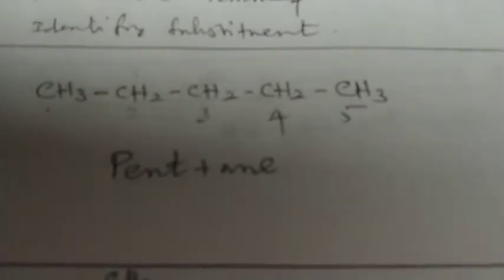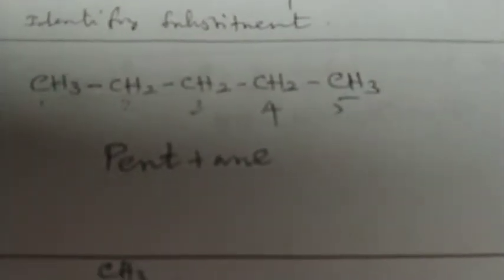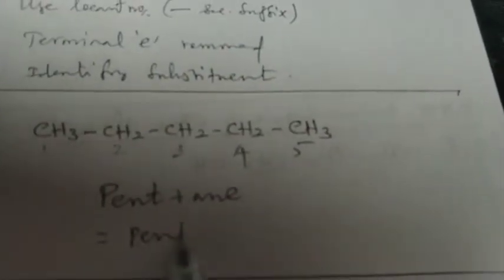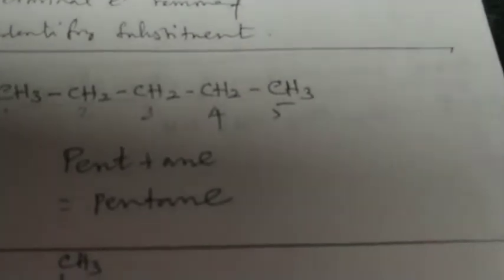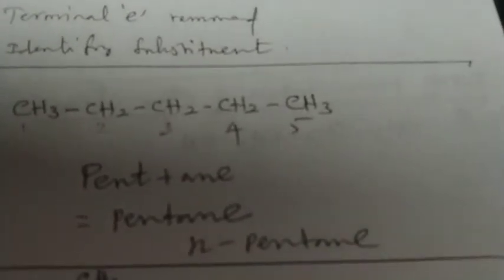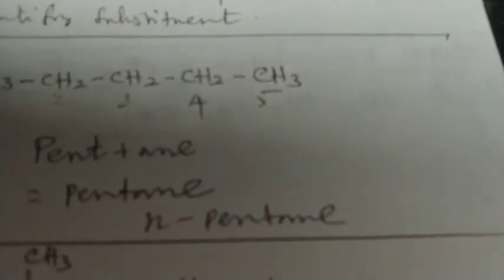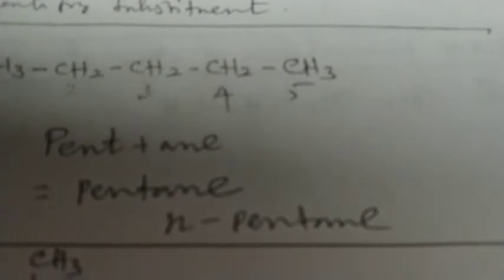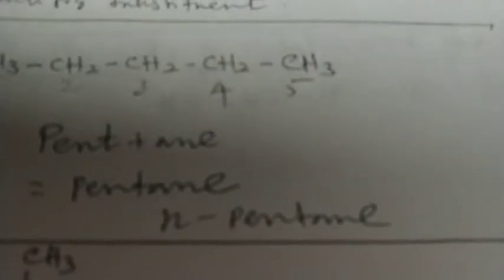So 5 carbons, root word pent, and the suffix is "ane". The name of the compound is pentane. Sometimes we can also write n-pentane, where n means normal pentane, because there is no branch, no substituent and no functional group.